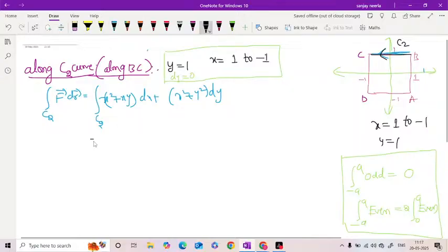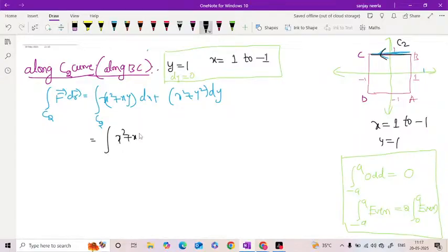The y value is 1 and x is varying, so x square plus x into dx, and here x square plus 1 into dy, which is 0. And the limits: x is equal to 1 to -1. It is x square plus x into dx.